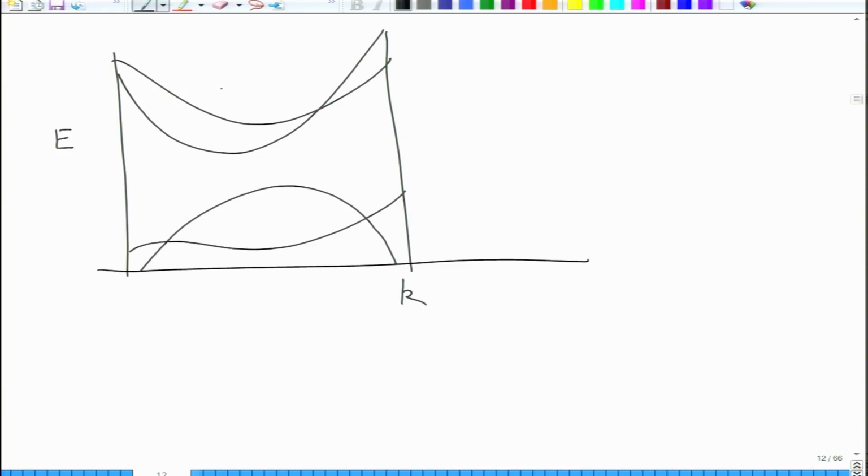If the minima of the conduction band and the maxima of the valence band do not coincide in the K space, you can see they have a gap, and the gap is always with respect to maxima and minima.